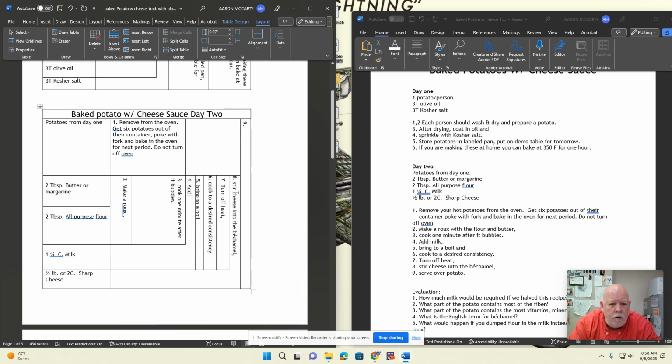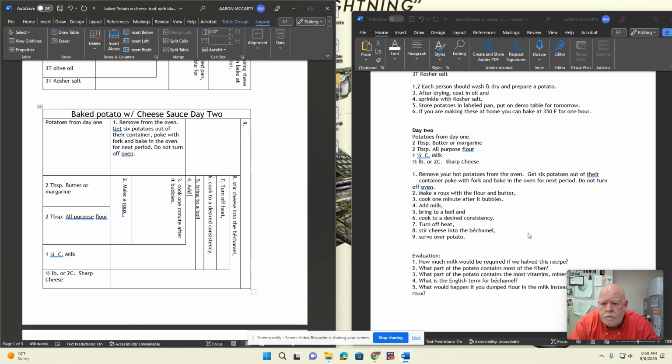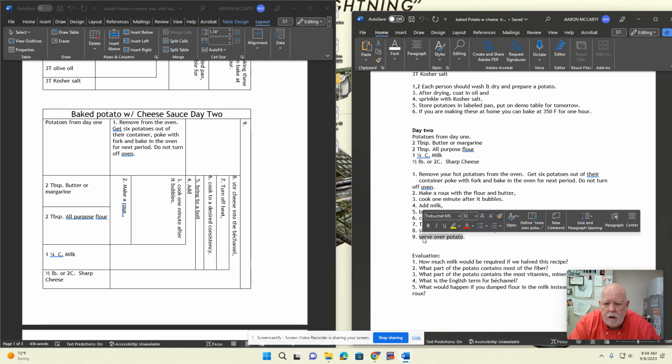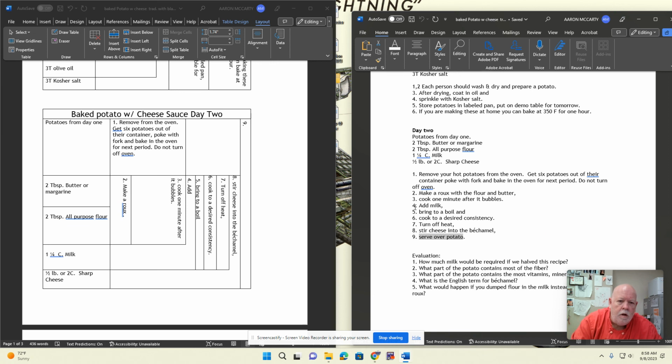All right, so now we've stirred our cheese into bechamel. We're going to serve over potato. So again, I'm listing my potato because we need to know what goes over what.